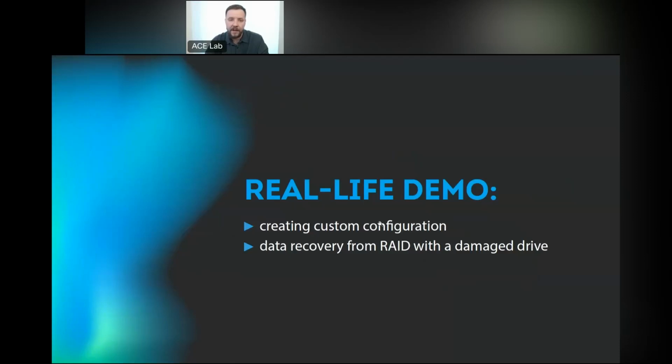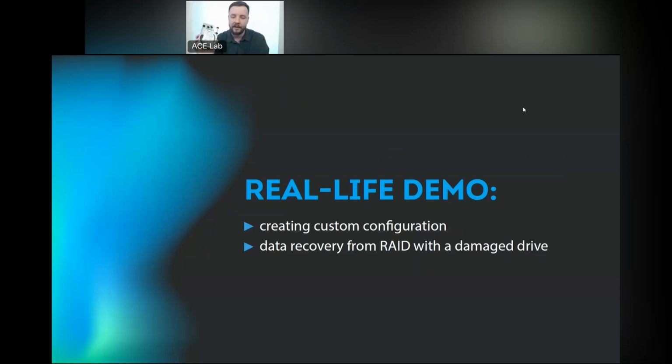And now we have a real case demonstration. I will show you how to recover data in case you have a damaged drive in an array and how to create a custom configuration. So here I have a drive.